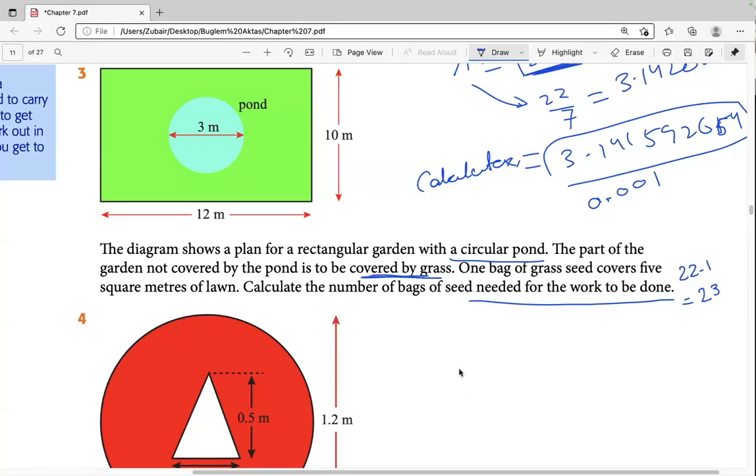Because you don't have to round it to the next one, because it's smaller than 5. Now consider this: calculate the number of bags of seed needed to work to be done. You'd rather have one extra so you can fill in the 0.1. 22 is actually not for the complete task. So in this case, we would need 23.